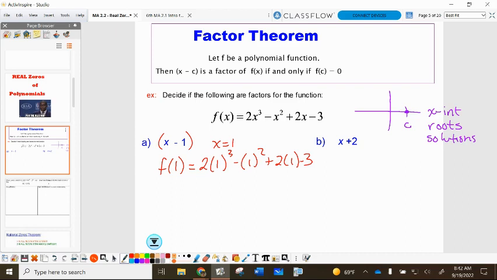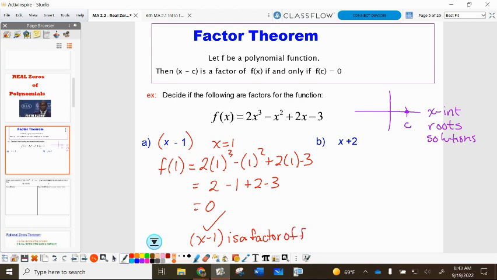That's going to give me 1 cubed is 1 times 2 is 2. 1 squared is 1. 2 times 1 is 2 minus 3. So I see I'm going to have 2 minus 1 is 1 plus 2 is 3 minus 3 is 0. So what does that mean? It means that x minus 1 is a factor of f of x.